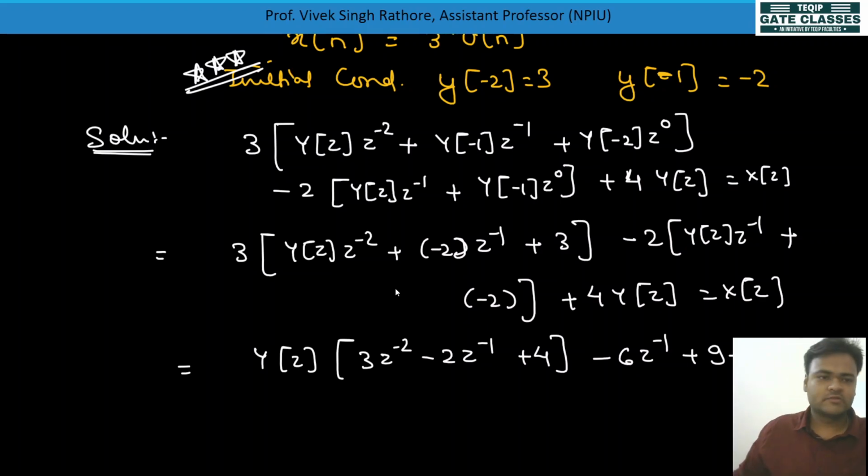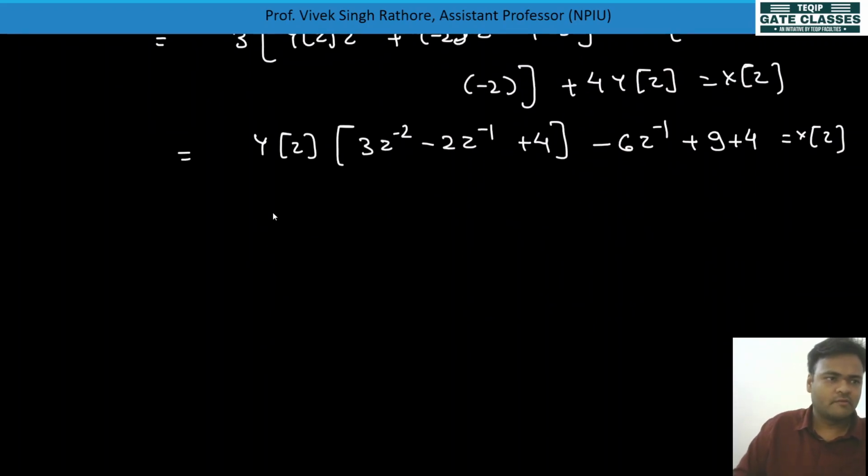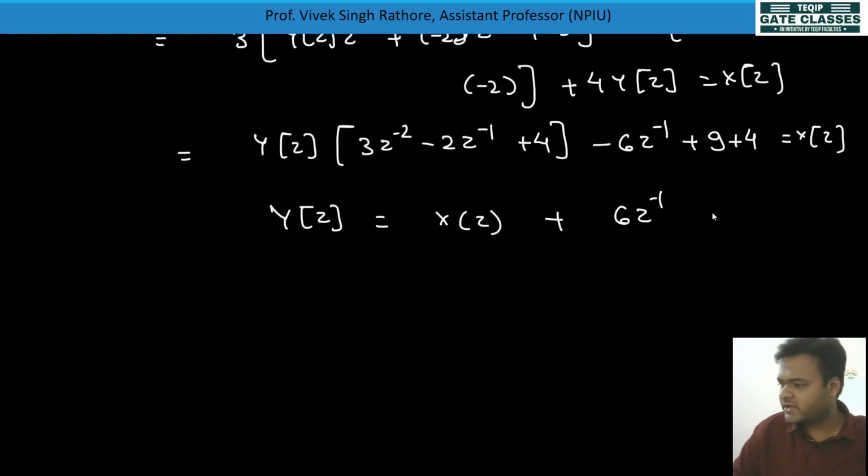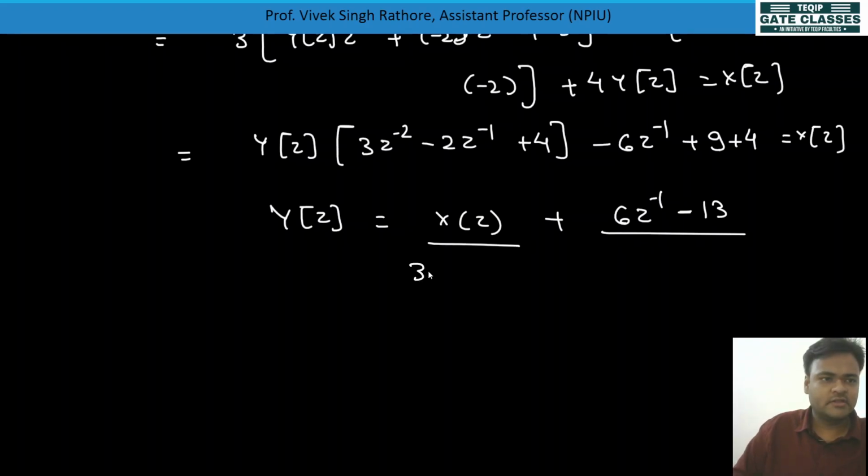So ultimately what we got, y of z is equal to x of z, plus 6 z inverse, and plus 13 will go to the right hand side, so it will be minus 13, and we divide by 3 z to the power minus 2 minus 2 z to the power minus 1 plus 4.